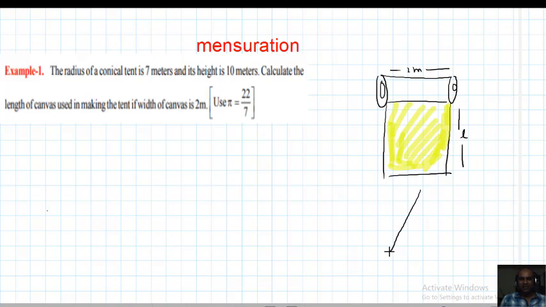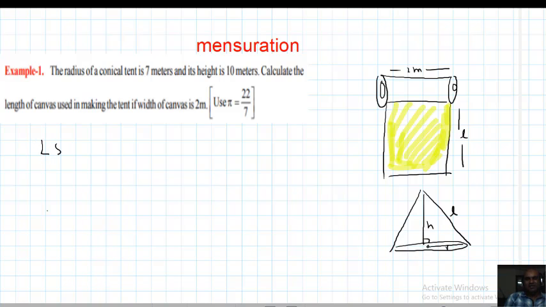I will draw the diagram. This is, for example, the tent. This LSA is nothing but 2 into L only. That is the important thing. This is R, say this is H, and this is l. I will write LSA, not TSA. For the ground, they won't use cloth, no?